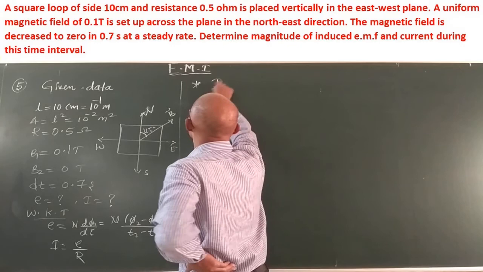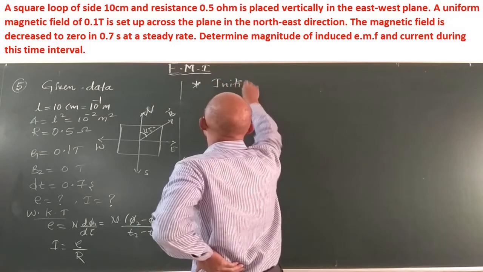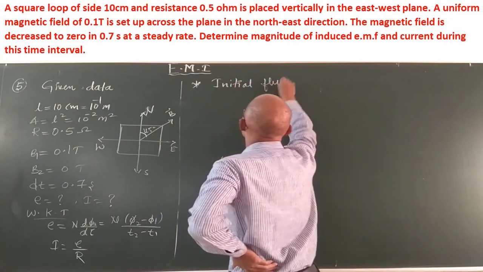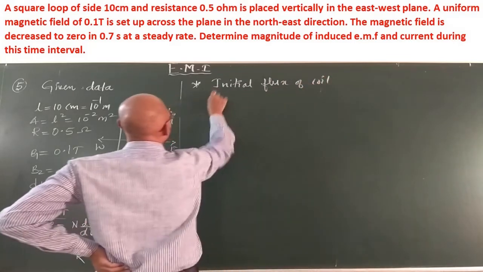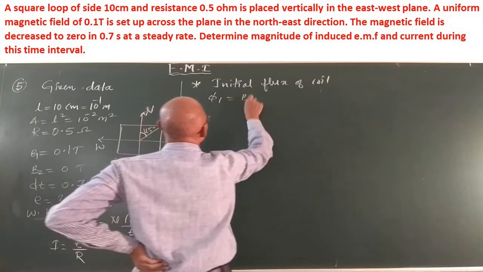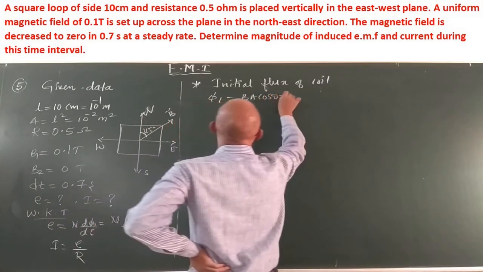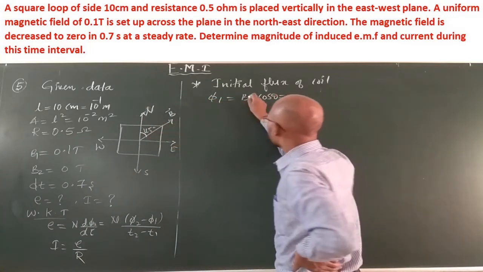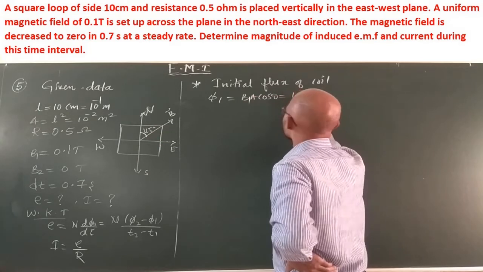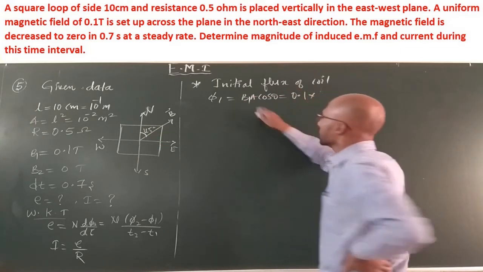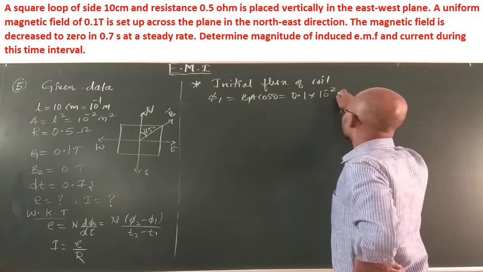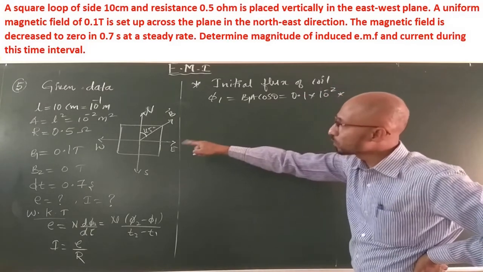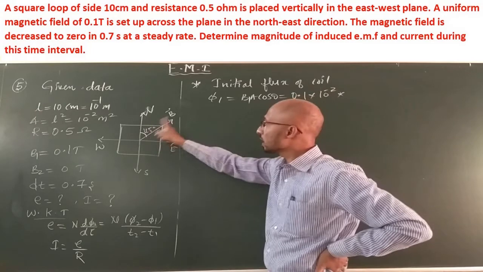What is the initial flux linked with the coil? Initial flux of the coil, phi 1, is equal to BA cos theta. What is the value of the magnetic field? Initial value of the magnetic field is 0.1 Tesla. What is the area? That is 10 raised to minus 2 meter square. Now what is the angle between the area vector and the magnetic field?